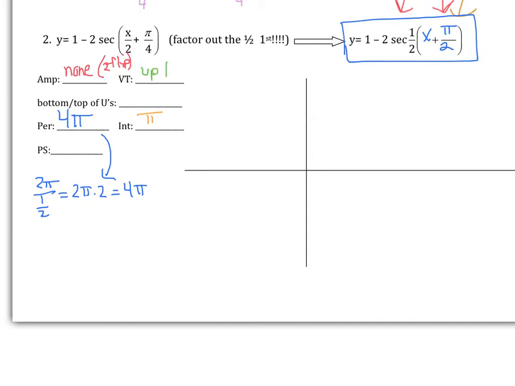The top and bottom of my U's are going to be at 1 minus 2 and 1 plus negative 2. So that means I'll be at 3 and negative 1. And my phase shift is pi over 2 to the left.